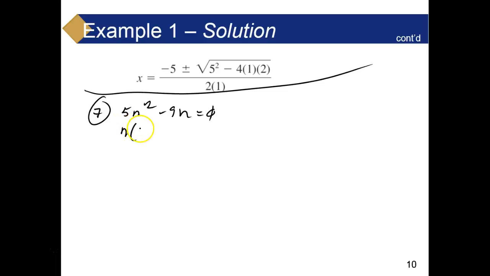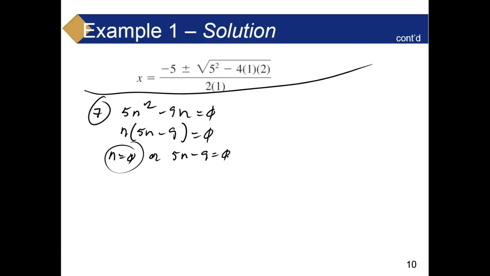What does that leave you with? 5n minus 9. That's an n squared up there. And that's equal to 0. Now what? Either n equals 0, there's a solution, or 5n minus 9 equals 0.